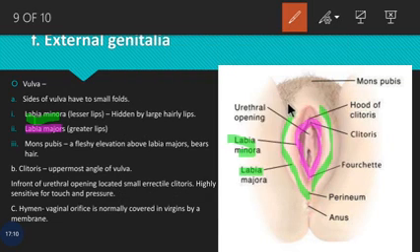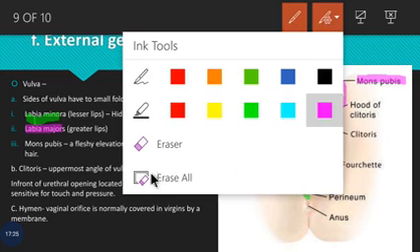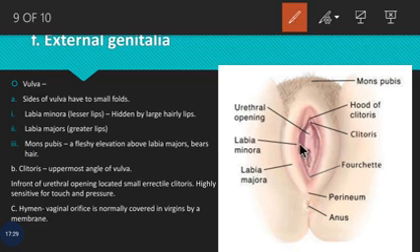We can see this hairy part, which is just a fatty elevation, and this is nothing but the mons pubis, right?